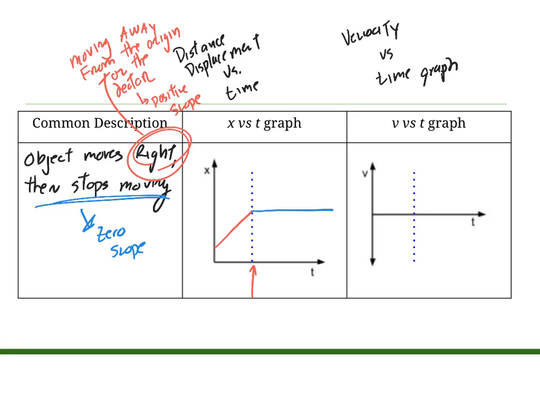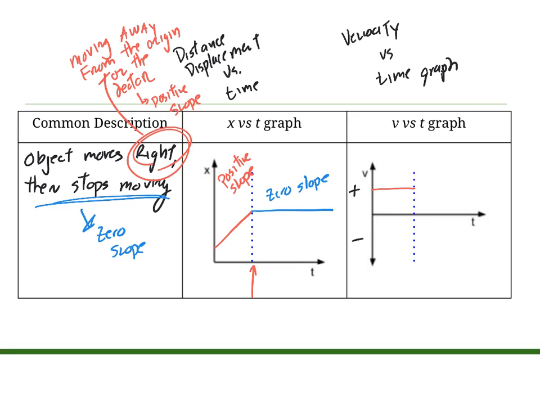So this is my distance or displacement versus time graph. That's what it looks like. So when I want to draw that, I want to remember that I have a positive slope to this point, and from then on I have a 0 slope because the object is no longer moving. On a velocity versus time graph, if this is the positive slope and this is the negative slope, I would draw a positive slope to this point.